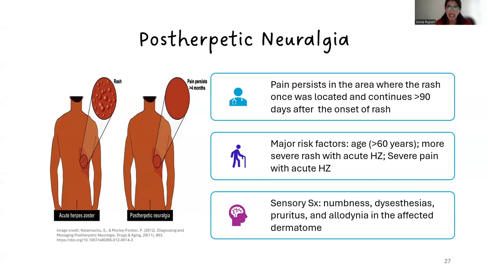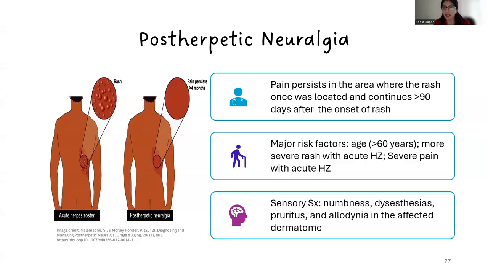Also, when a patient has the acute herpes zoster infection, if the area of skin involved is much larger, so there are multiple contiguous dermatomes involved, their risk of postherpetic neuralgia is much higher, because multiple nerves in the ganglia innervating that skin have been involved. So now we are looking at inflammation of the ganglia, the nervous tissue, and so on. So that's another risk factor.